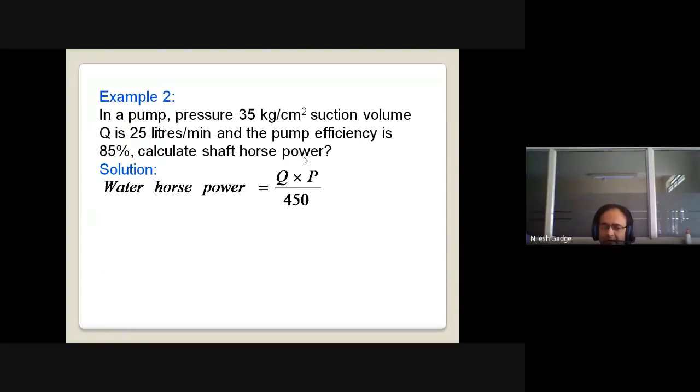Actually, you have to write the given data also, but we will skip it in this problem. We'll just solve this example directly. First of all, we have to calculate the water horsepower.